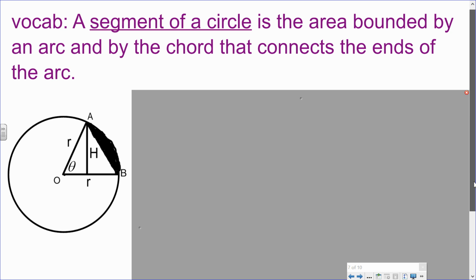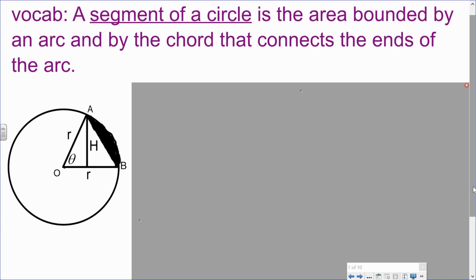Hardest part of these problems for students is reading the questions carefully. Sometimes they will ask you for sector, sometimes they will ask you for segment. So you've got to pay attention or you end up getting it wrong, because a sector is when we are talking about the whole piece of pie. Now I want you to also be careful when you're thinking about segments.